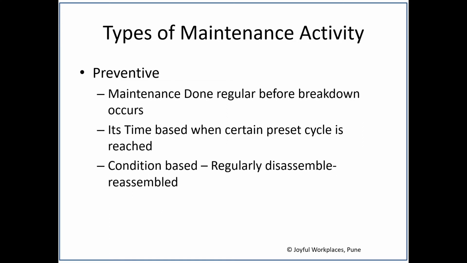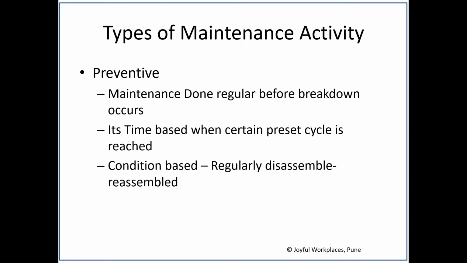The third maintenance activity is preventive maintenance. Preventive maintenance, as the name suggests, is done for prevention, right? There are two categories that we have seen in the past: reactive and proactive. Breakdown and corrective maintenance come under reactive, because the breakdown had happened, and in order to overcome that breakdown and make my machine live, we do some maintenance.